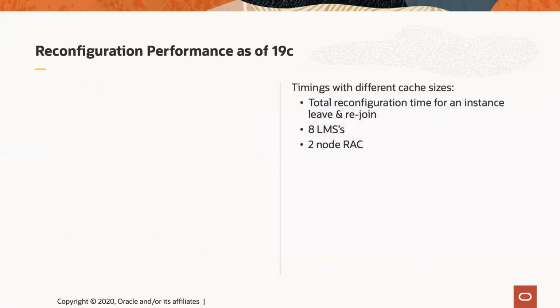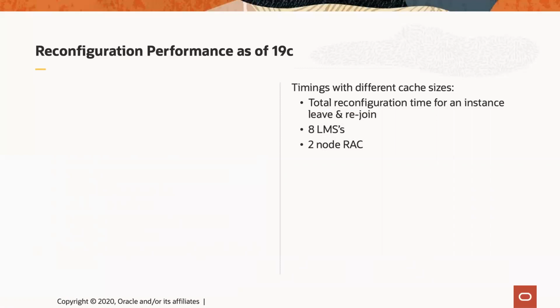With this optimization, we performed some benchmarks to find out how this works. Reconfiguration is a step that happens whenever a node joins or leaves the cluster. Reconfiguration depends on the amount of changes in the buffer cache.